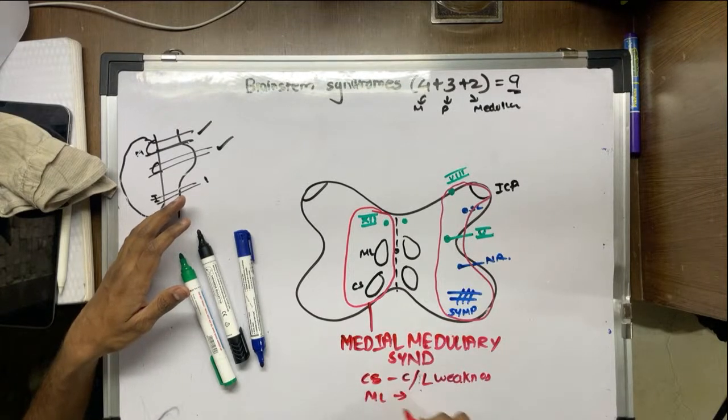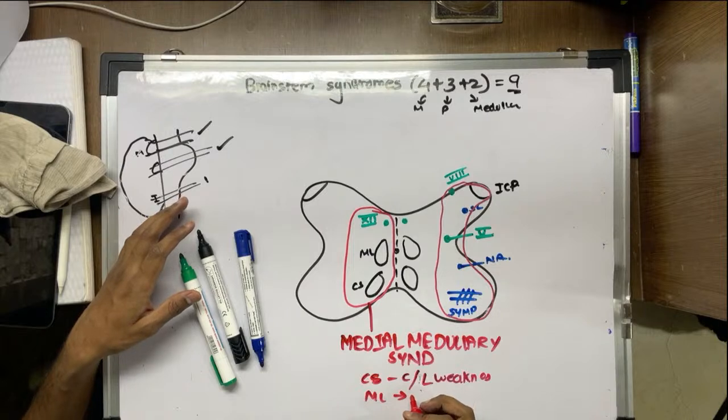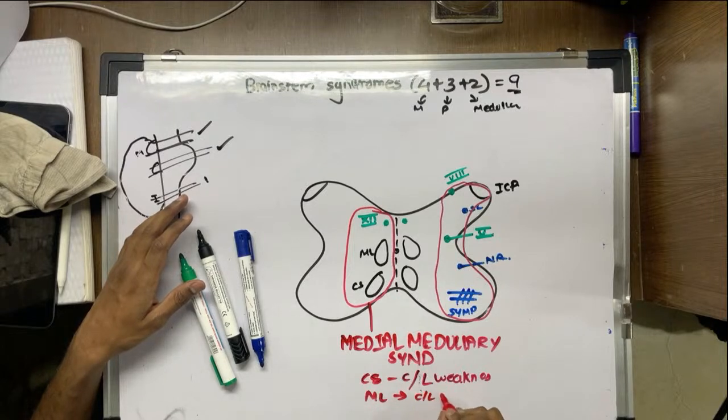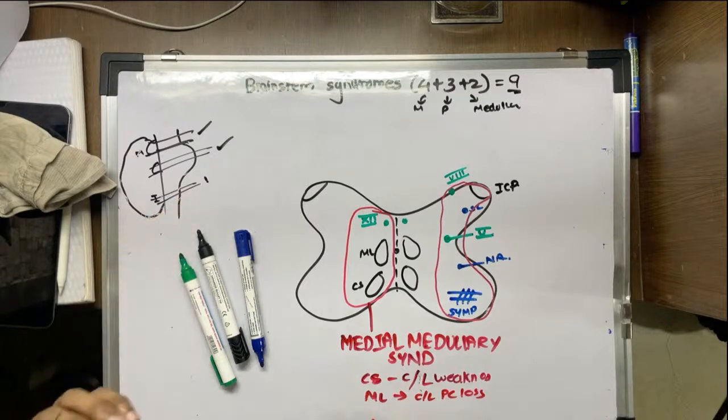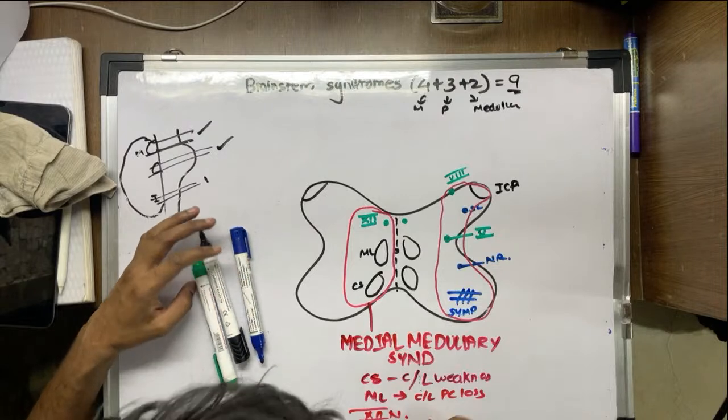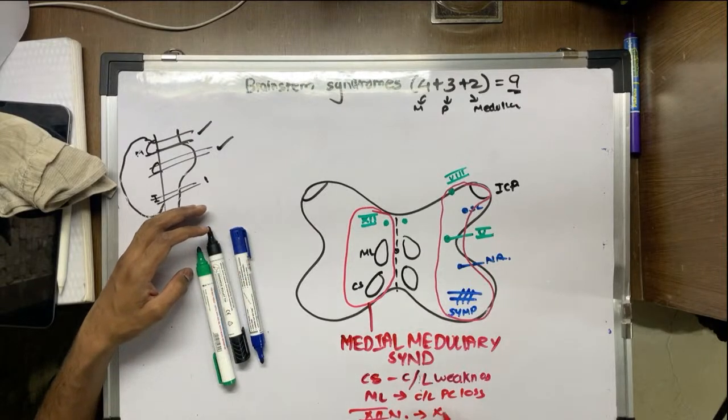Medial lemniscus will lead to what? Medial lemniscus holds the posterior column, so there is contralateral posterior column loss. Then the 12th nerve nucleus, 12th nerve palsy.